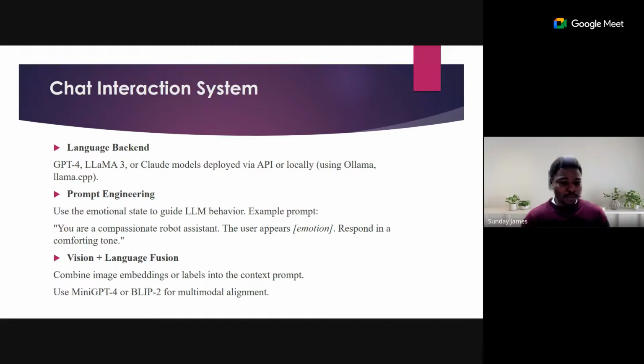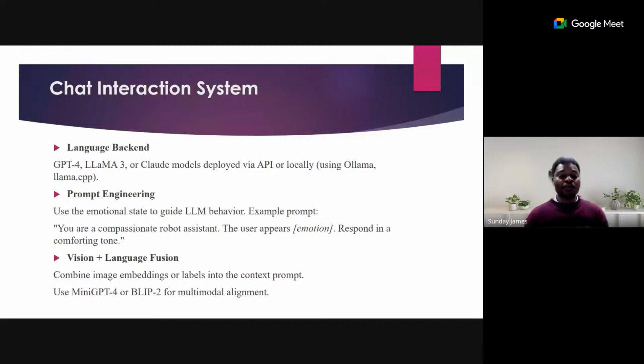Let's look at this example prompt. We have, "You are a compassionate robot assistant. The user appeared to be..." and if you see this bracket, we have emotion. These emotions are fed in real time from our emotion detection model, and the response is generated in real time according to the emotion that is fed.